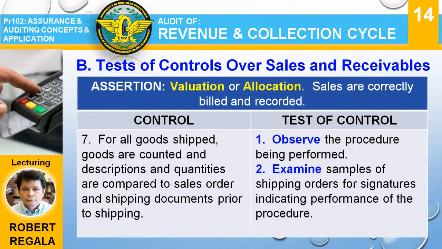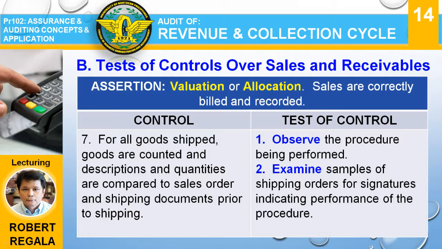Slide 14. General assertion, valuation or allocation. Specific assertion, sales are correctly billed and recorded. The controls in this and the next three slides will cover for the assertions mentioned. The seventh control is described as for all goods shipped, goods are counted and descriptions and quantities are compared to sales order and shipping documents prior to shipping.